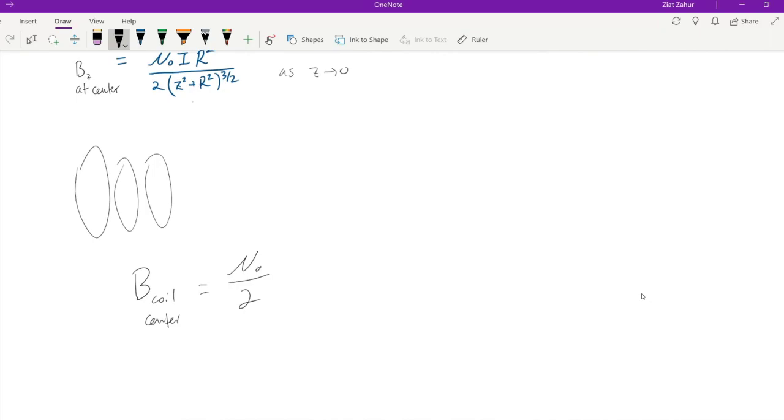The r squared in the numerator cancels. So we have I over r. R is not resistance, it's the radius. Times n. Okay, or you could write it as mu naught n I over 2r. Mu naught n I. Yeah, that's where we're headed.